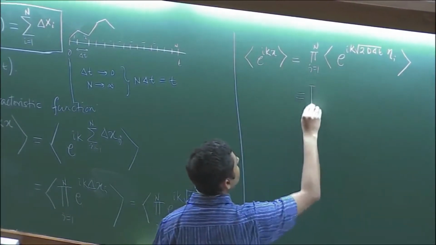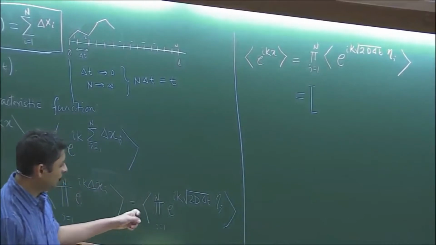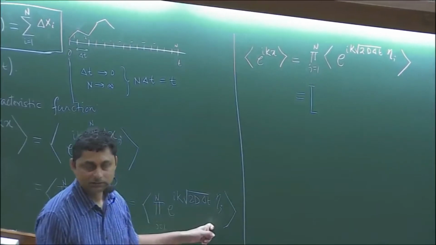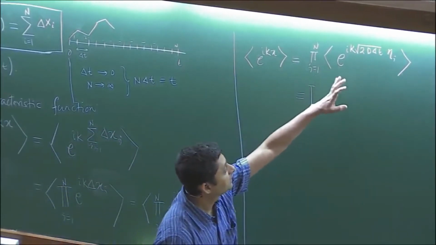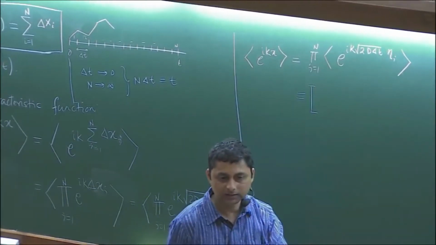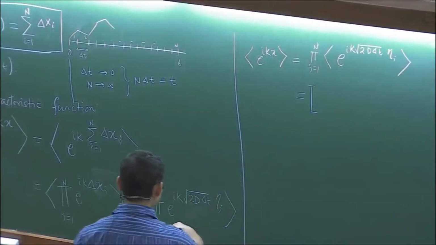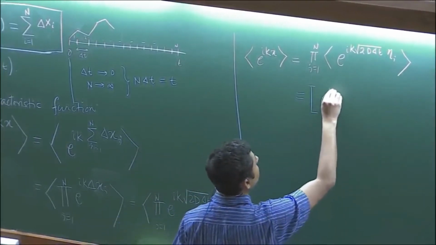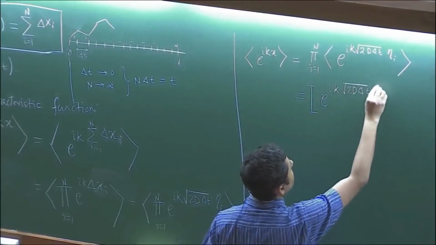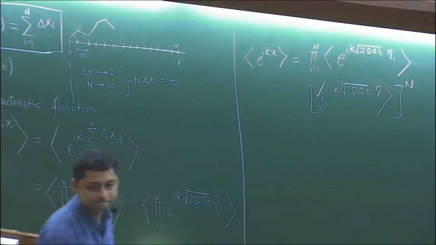So this is in fact equal to, the first step, taking this thing out, comes from the fact that these are independent of each other, and the second step, these are identical. So these etas are called independent and identically distributed random variables. So this is e to the power i k square root of 2D delta t eta, to the power n.